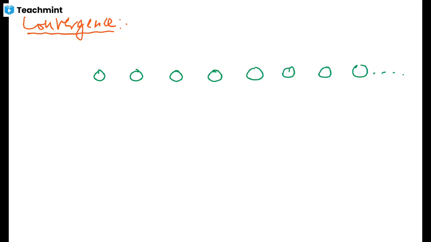Since it is a subsequence, it is getting ये किसी sequence से आ रही है. Let me try to draw some pictorial. We are extracting subsequence out of it.